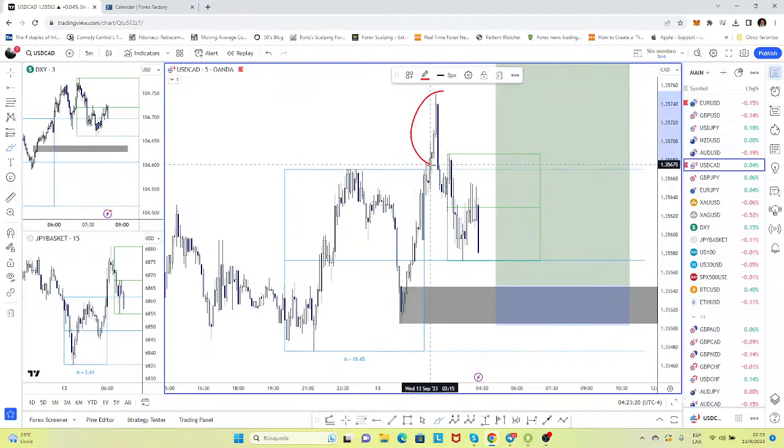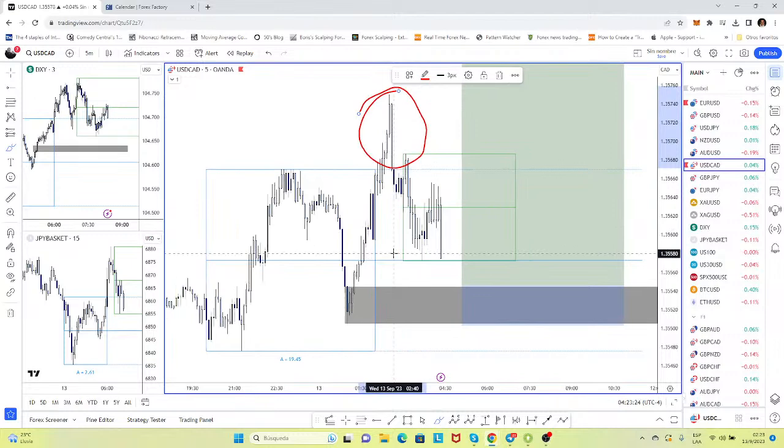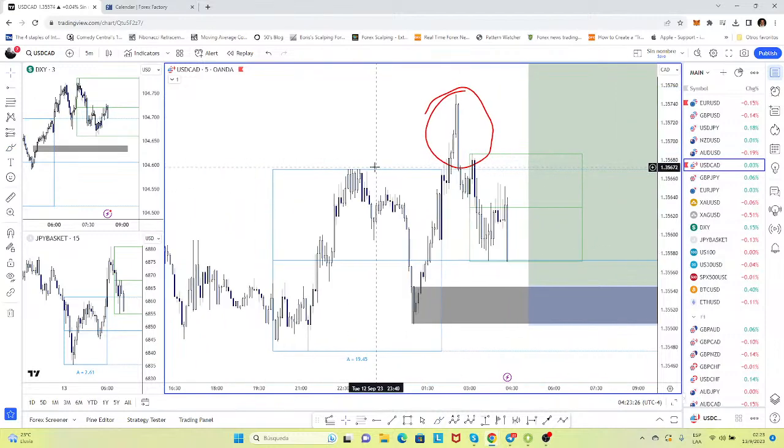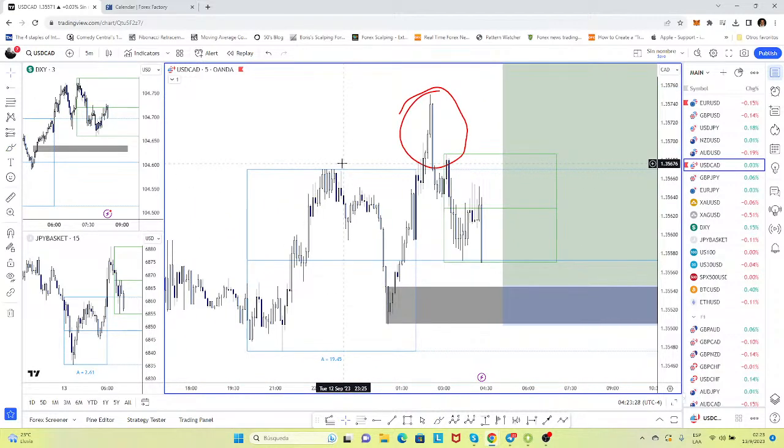Is this a break of the structure, a real break, or is this a fake out, right? I'm going to leave it here for you guys. Is it a break or is it a fake? To me, this is a fake out, right?